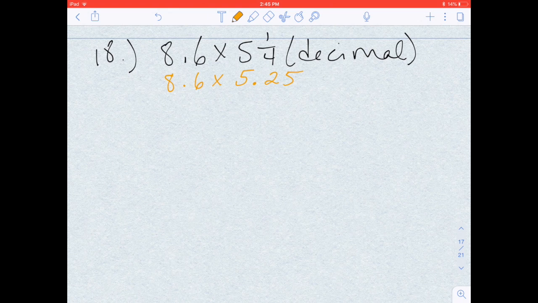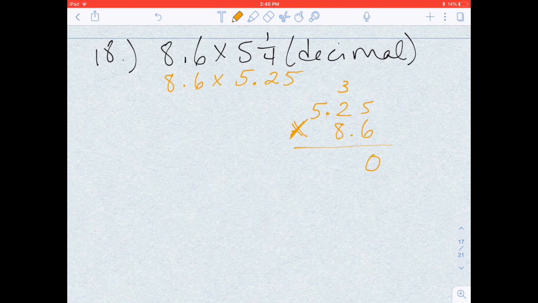And now I can multiply to my heart's delight, as long as I remember, oops, that should be a multiply there, to keep track of my decimal points. So I have 3 decimal points. So I know in the end, I'm going to need to have 3 decimal points with my answer.